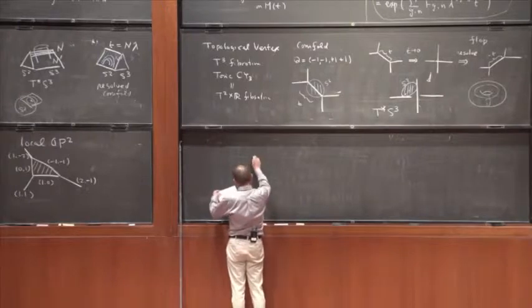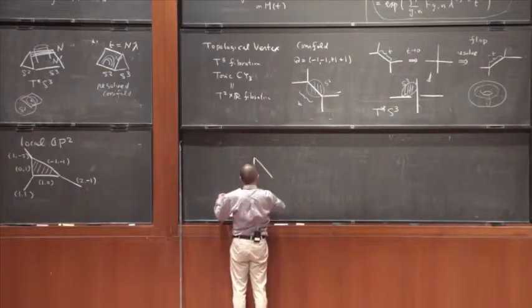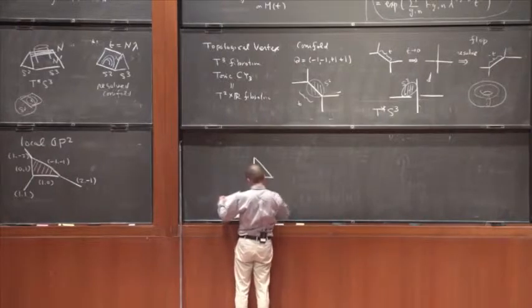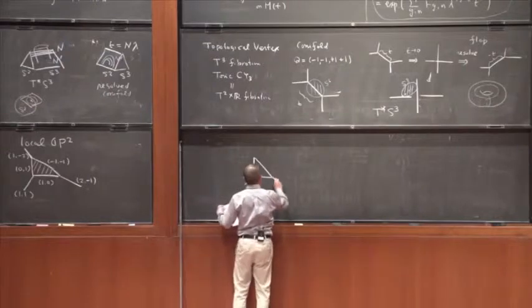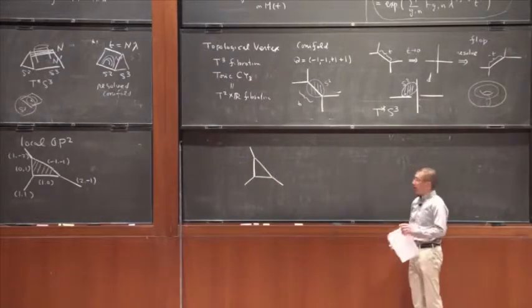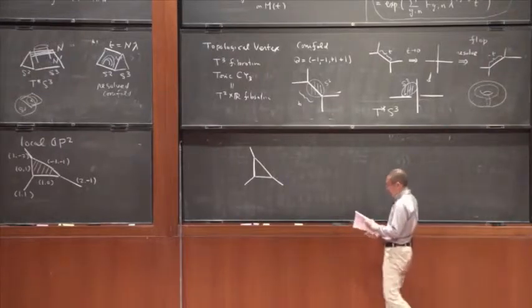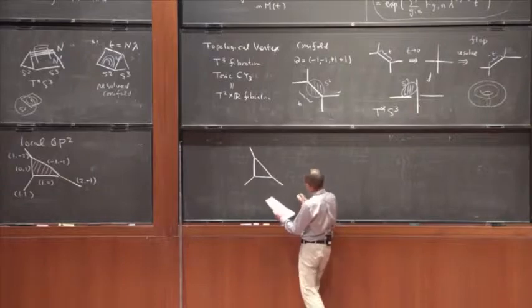So this is a toric diagram of CP3. I'm just adding color to show the slope properly. So there was this toric diagram of the local CP2. Now I add more lines to it.